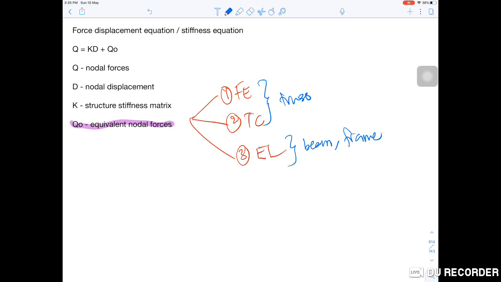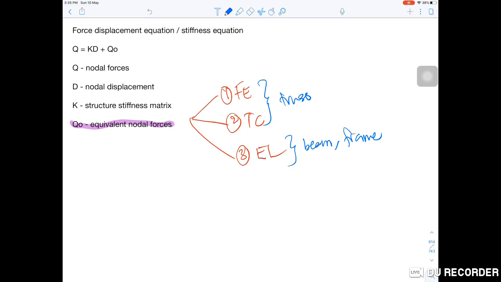So if this is about member, and in the stiffness matrix method, member cannot carry loads, we need to distribute to the nodes. How to distribute this?